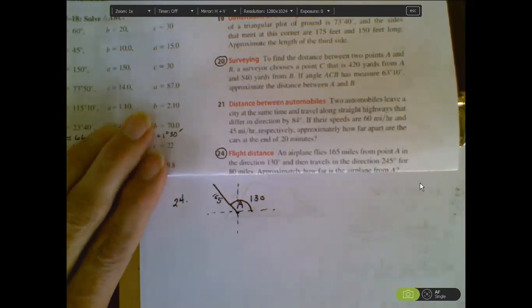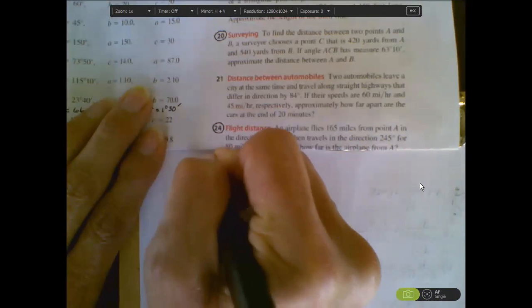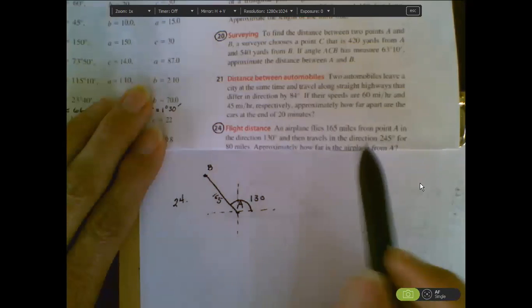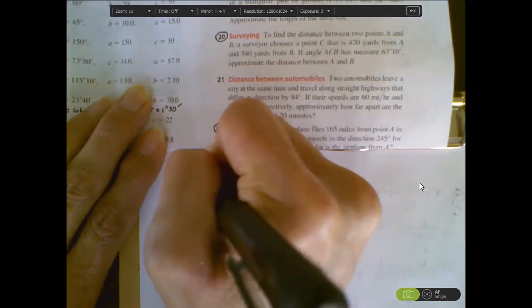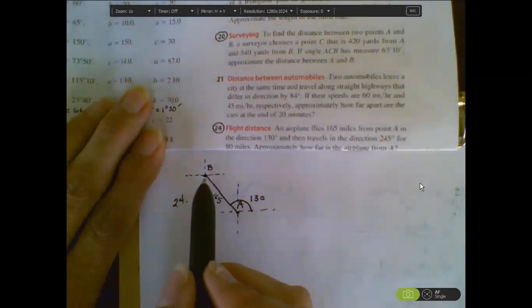And then it turns in a direction of 245 degrees from there. So it reaches some point B, and it turns 245 degrees from that point B. Again, you have to imagine B as being the origin of a Cartesian coordinate system and go 245 degrees from the positive x-axis.